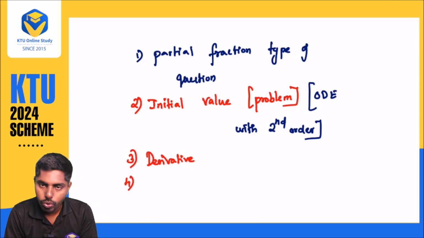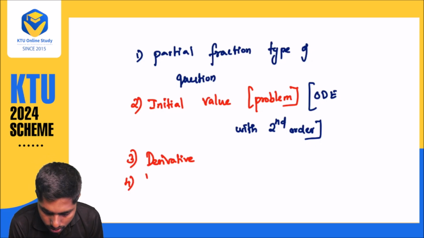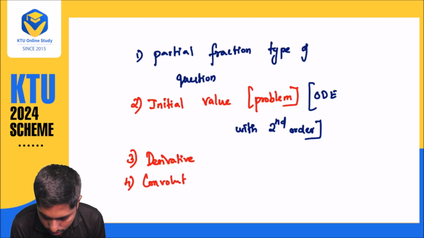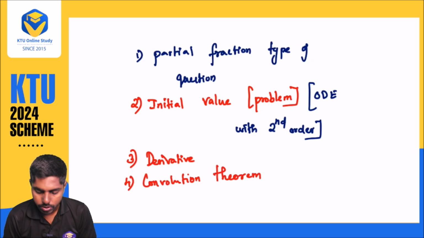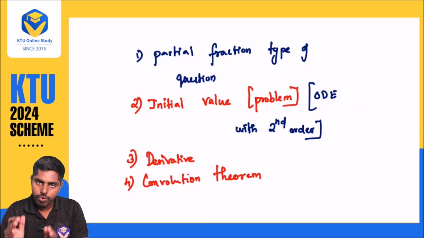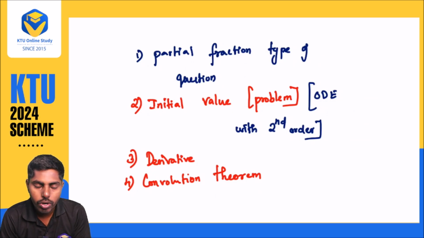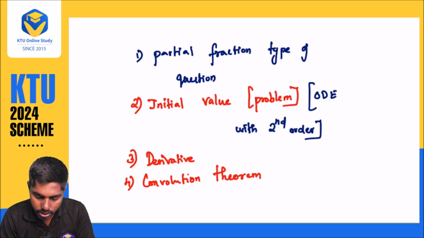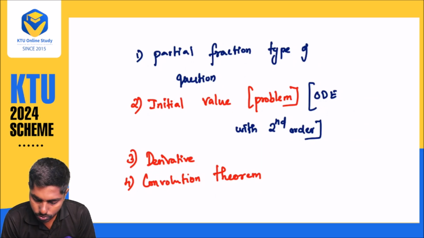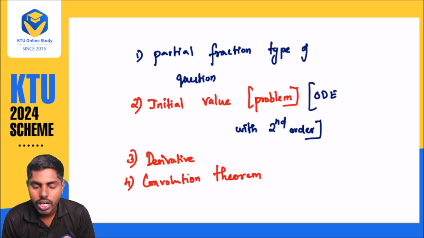Then, a very important thing, you can also expect the convolution theorem. If you study these areas very well, you can score full marks in this module: partial fraction types of question, initial value problem with second order, derivative, convolution theorem.